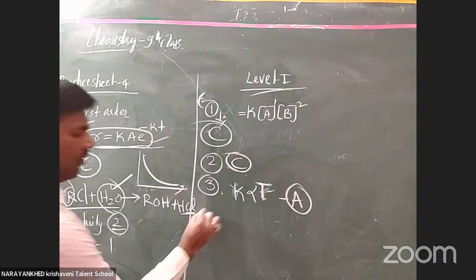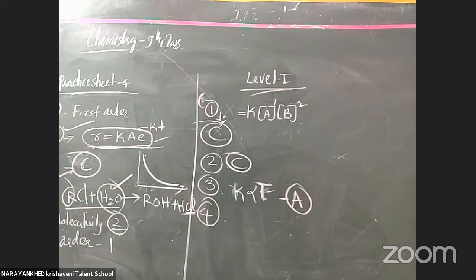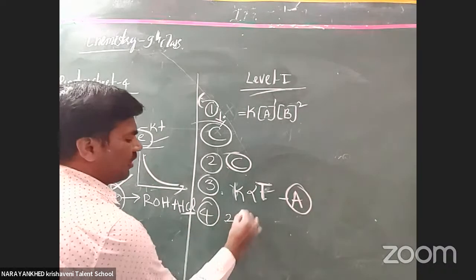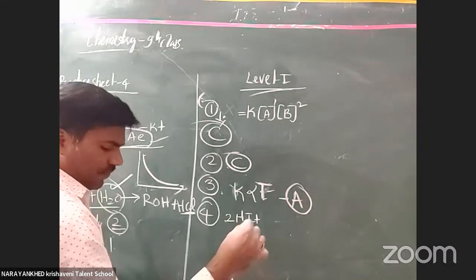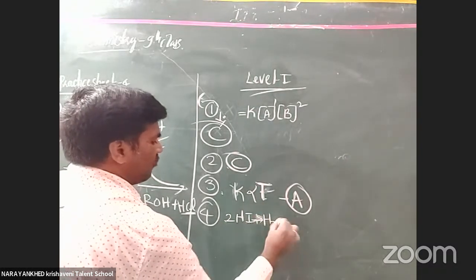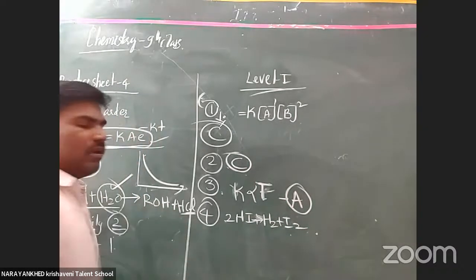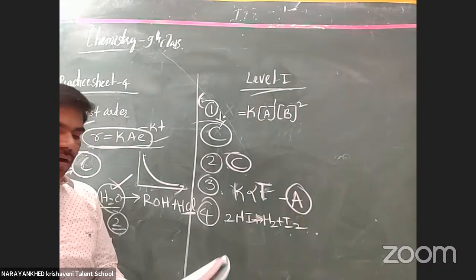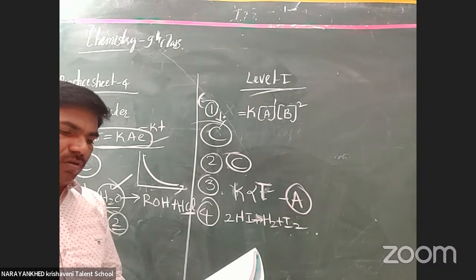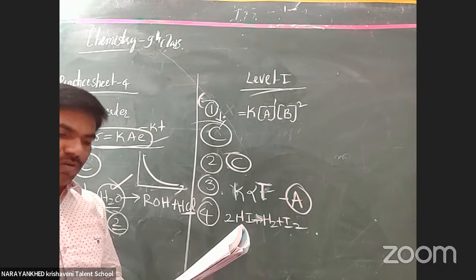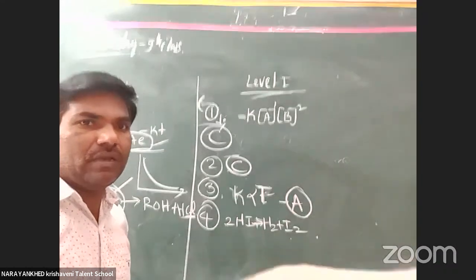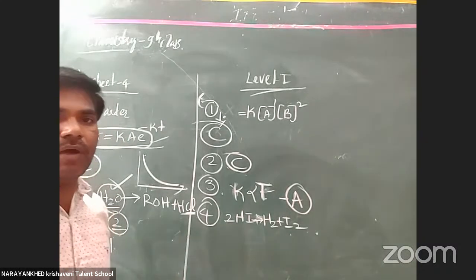Next, the fourth one. Already you have it in your synopsis. This equation is given: 2HI gives rise to H2 plus I2. Is it unimolecular, bimolecular, or termolecular? It is bimolecular.